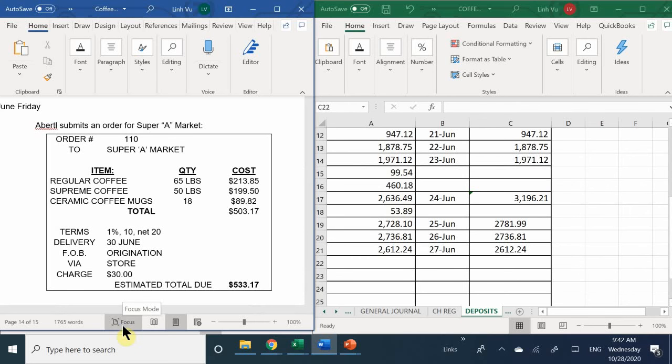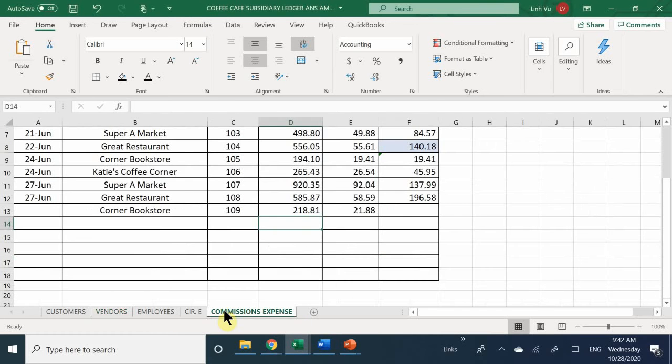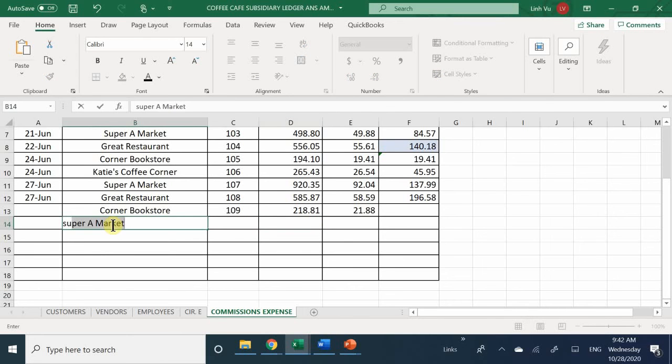So we're going to go to the subsidiary ledger under commissions expense. Good. And then we're going to record, under the customer name, Super A Market.